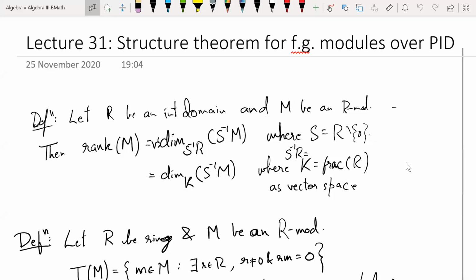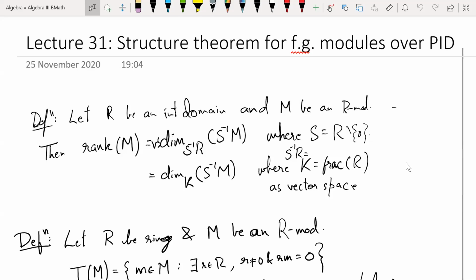So if M is an R module over an integral domain R, then you localize this R module with respect to the multiplicative set consisting of non-zero elements of R. Then this S inverse M becomes an S inverse R module, but S inverse R is the fraction field of R. So that means it's a K vector space where K is the fraction field. So the rank is defined to be the vector space dimension of S inverse M over K.